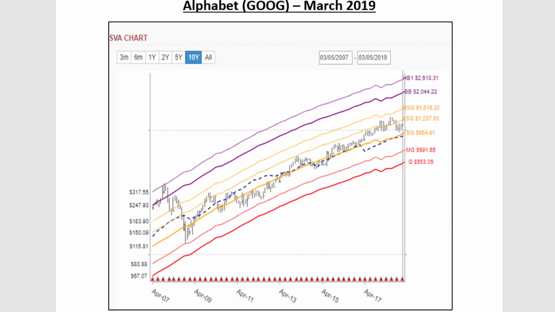Well, let's say that you are a market technician and you were looking at Google. What you might be doing is basically connecting the dots in this stock over the past 10 years. And you would see, therefore, that the stock is just trying to break below that long-term trend.